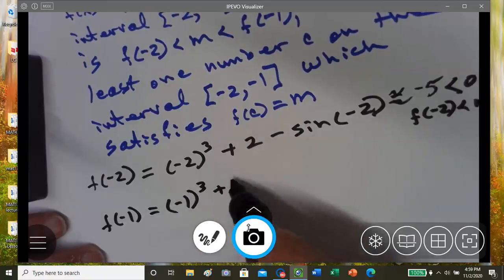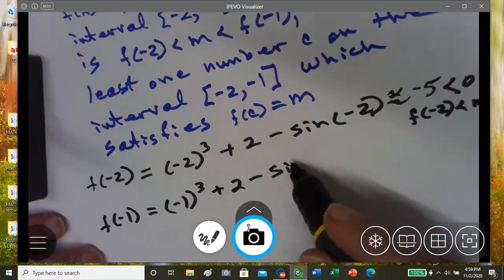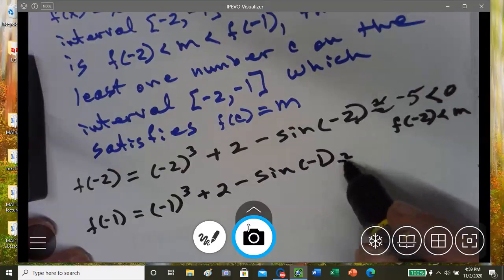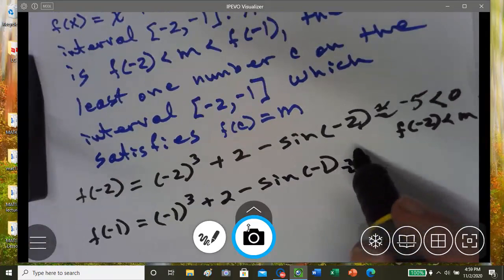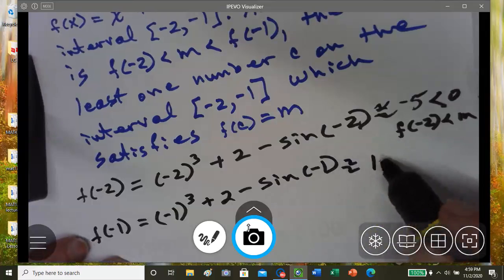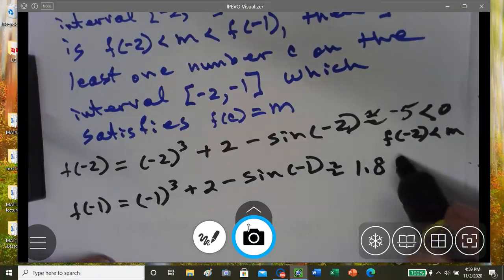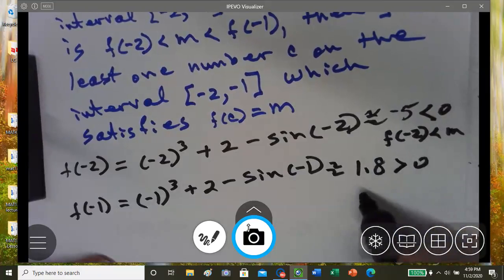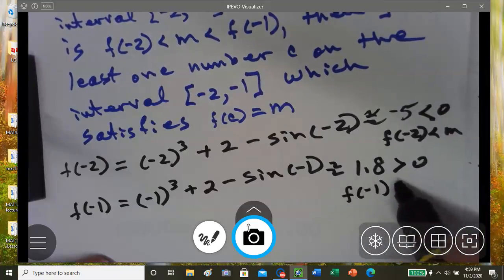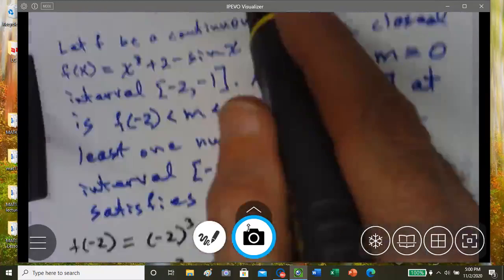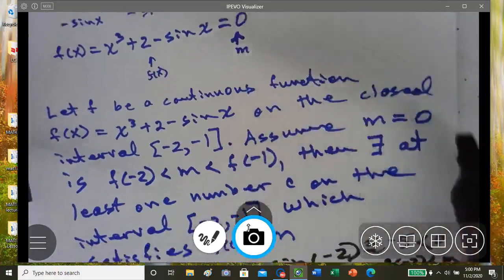So we put in negative 1 cubed plus 2 minus sine of negative 1. Okay, and so we calculate that and we get 1.8. Well, 1.8 is greater than 0, so we can say that f of negative 1 is greater than m, since m is 0, right? We established m is 0.